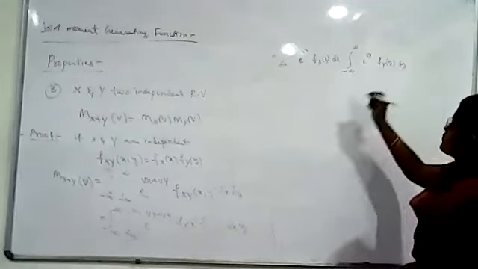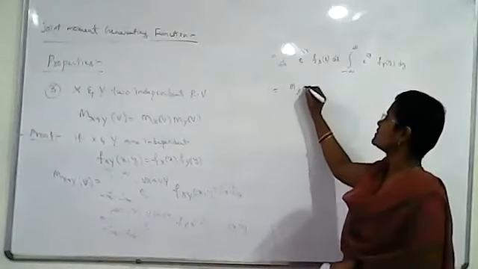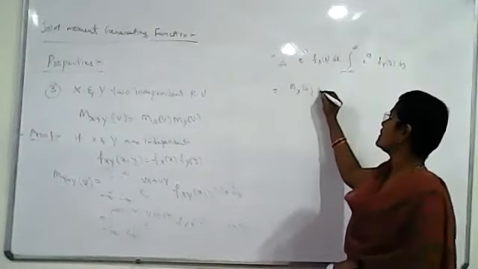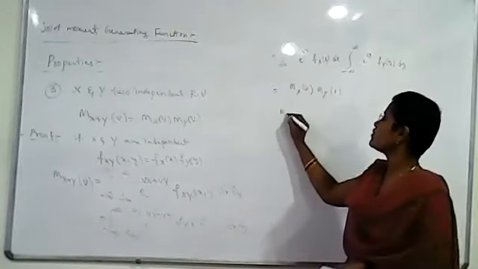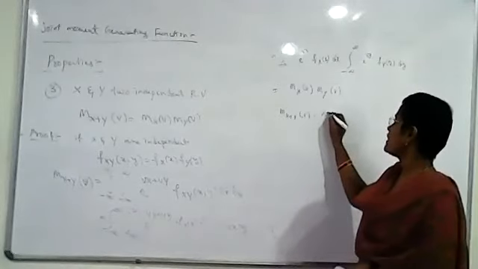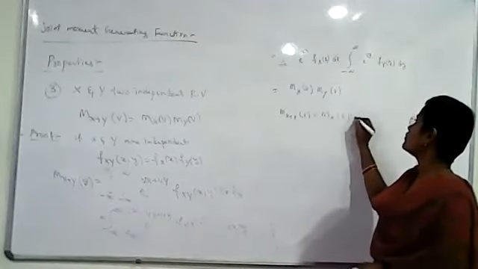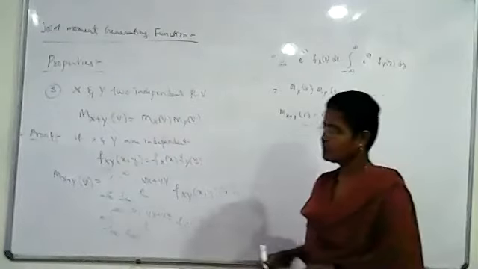We separate these into two parts. Now if you observe this, we have random variable x and it is a function of v, and random variable y is also a function of v. So Mx plus y of v can be written as Mx of v into My of v. This is our third property.